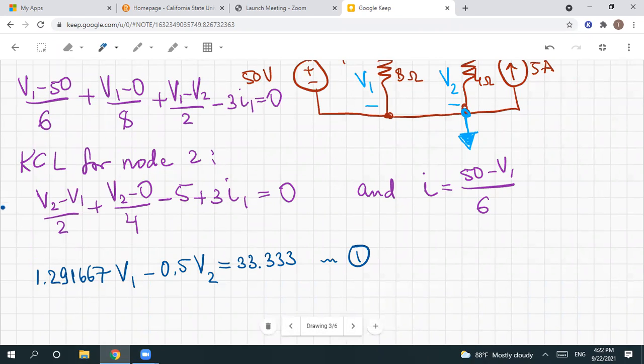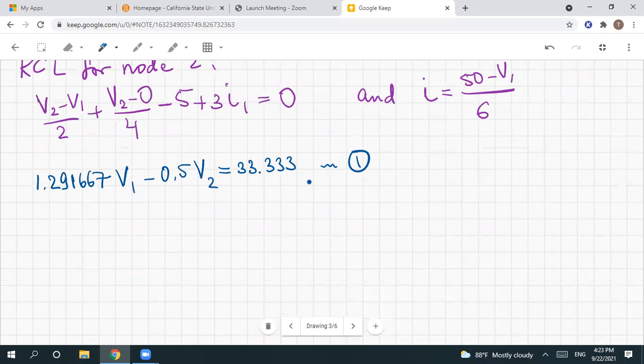The second equation, I will take it from here. For V1, I have a negative half V1. And here I have negative 3 V1 over 6, which means another negative half. So I will have negative V1.